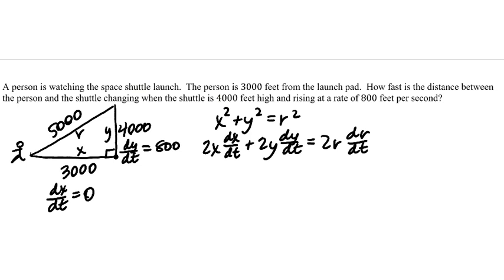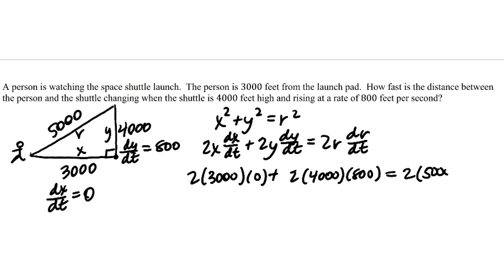So actually, I've got 2 times 3,000 times 0 plus 2 times y, which is 4,000, times 800 is equal to 2 times 5,000 times the thing that we're looking for.